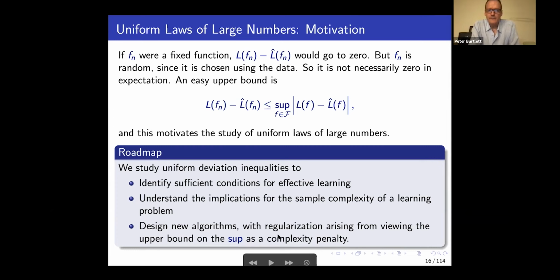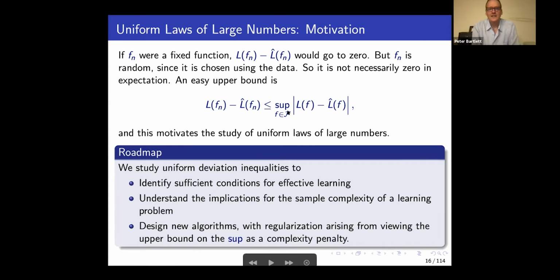Okay, I see we've got a few more questions in the chat, so let's take a look at those. Right, so L_Fn versus L_F star versus L hat Fn versus L hat F star, right. Okay, and Wisson's answered that.